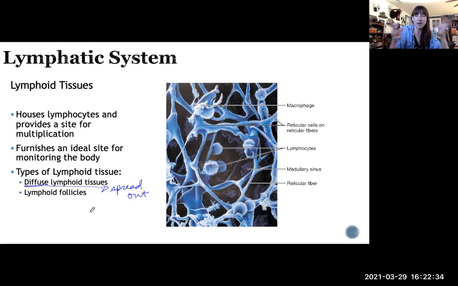Okay, so basically follicles are places like little cradles where your little B lymphocytes are being born outside of red bone marrow. So where they divide, where they also can divide in lymphoid follicles. So it's basically just little clumps, follicles as in clumps of tissue.